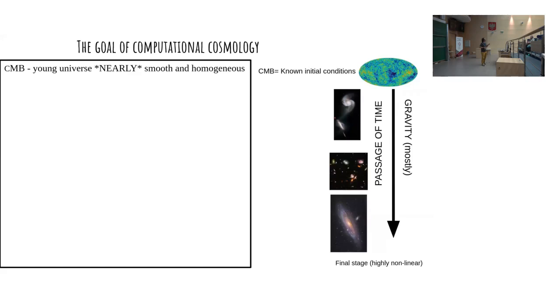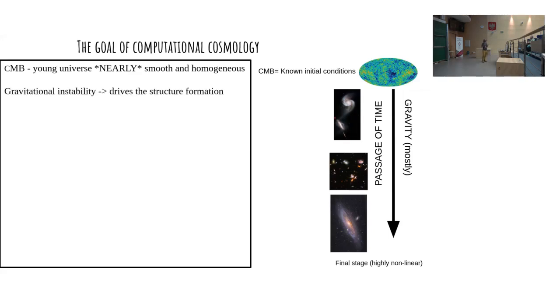Very smooth. Basically, it means that it's invariant under translation, more or less everywhere. Everywhere has similar properties, and also, by the way, it is isotropic, which you know from the CMB.